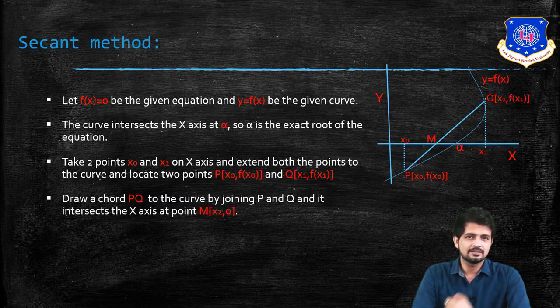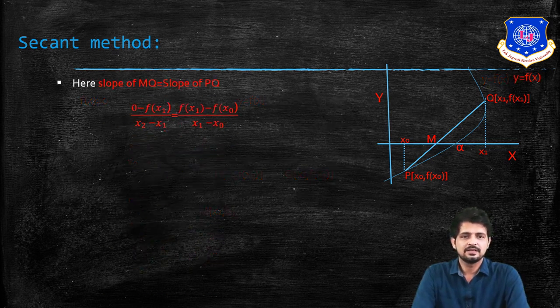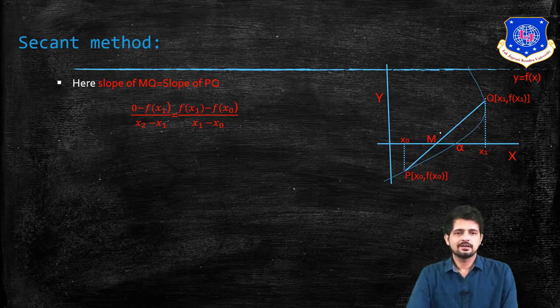Now how to get the expression for x2? Here you can see the chord PQ intersects the x-axis at point M. So the coordinates of point M will be x2, 0.